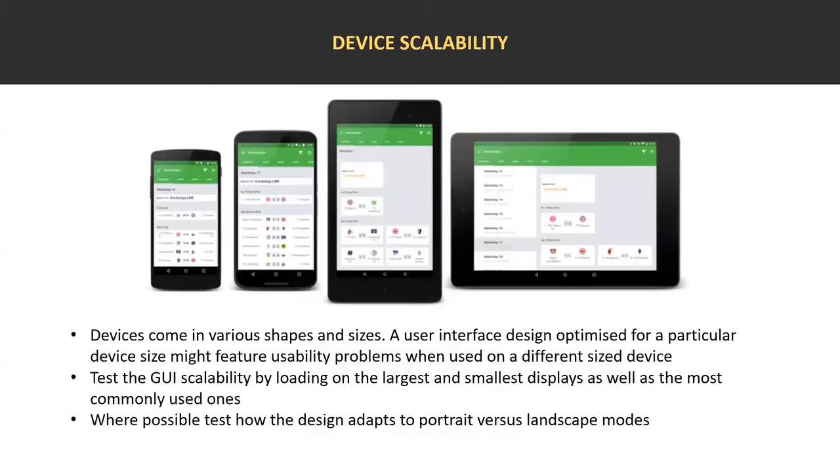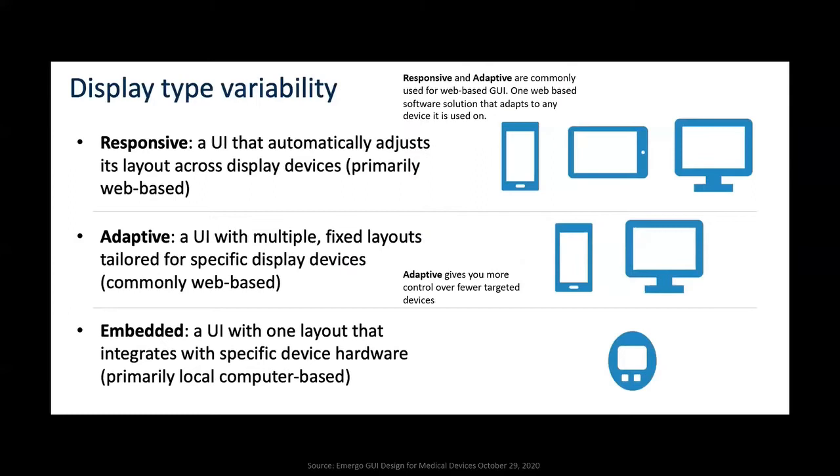Okay. So I'm just conscious of time, so I better get the skids on. A useful thing is, devices come in a wide range of sizes and shapes, so if possible, you try and test how the design adapts to both the largest and the smallest displays in terms of scalability and legibility. There's various different types of configurations and systems.